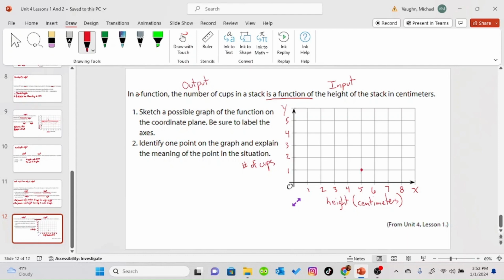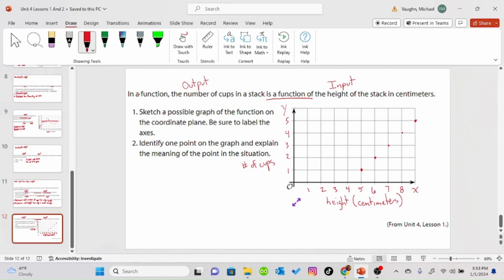Then if we said every additional cup added 1 more centimeter to it, we could then place more points where every time we increased by a cup, we also increased by 1 centimeter. And this is what our graph would look like. We would only have points because we don't have half cups.